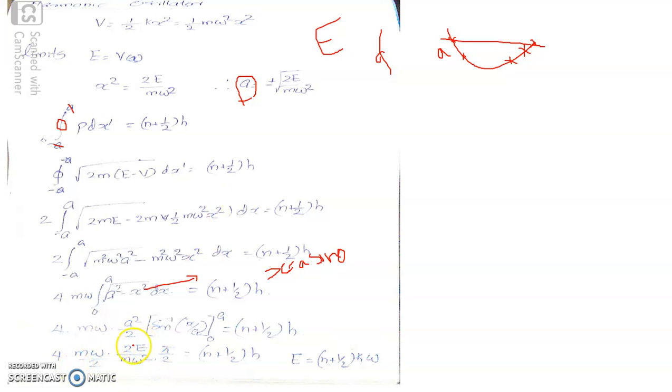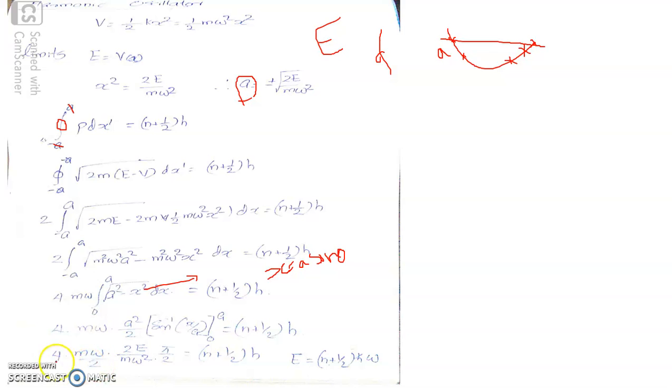So on the left side, I will have to obtain energy E into sin inverse x by a. Upon giving the upper limit, sin inverse a by a, sin inverse 1, that is pi by 2, minus sin inverse 0, which is 0, that's equal to n plus half h.